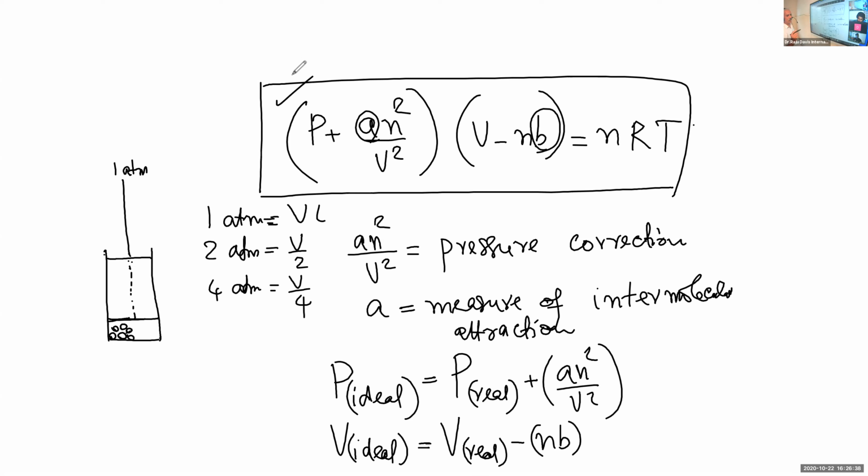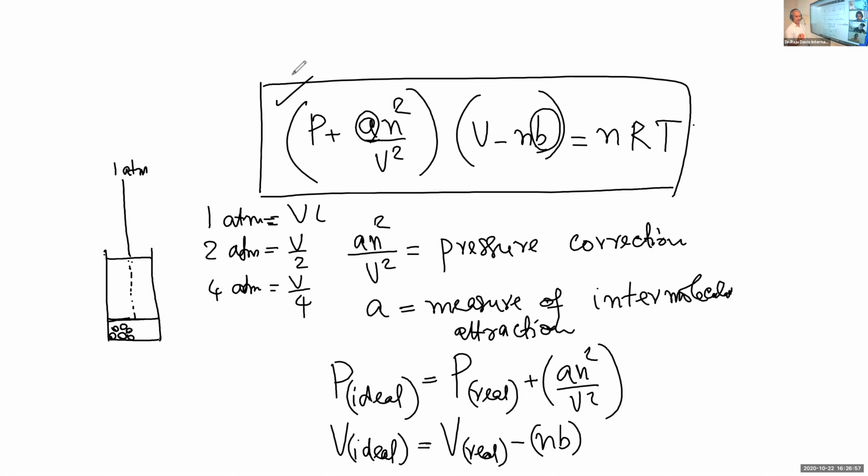We can see that all gases will obey ideal behavior at a certain temperature, and that temperature is called the Boyle temperature, B-O-Y-L-E, or Boyle point.